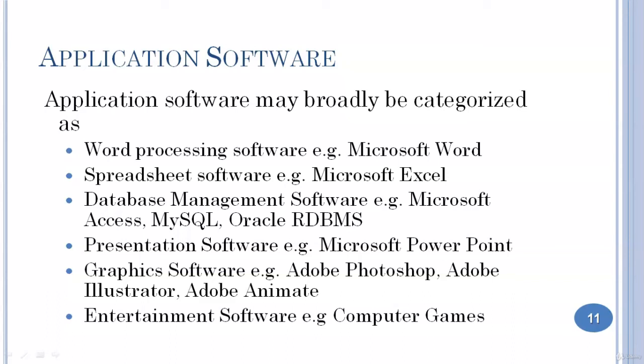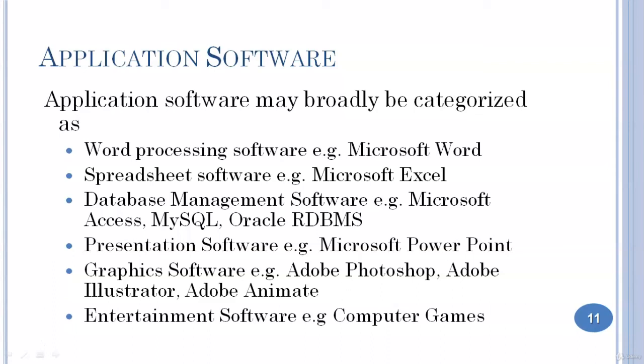The graphics softwares are used for designing illustrations or manipulating different photographs or animations. An example of graphics software is Adobe Photoshop, which is used to manipulate different photos. Then you have Adobe Illustrator, which may be used for illustration purposes, and then you have Adobe Animate for creating animations.